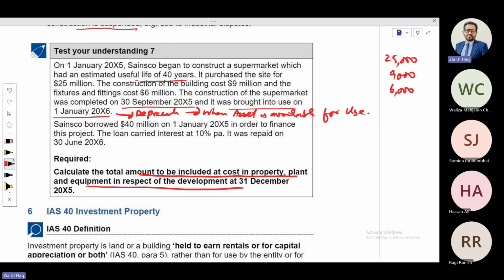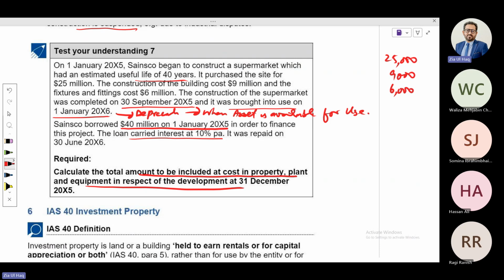Sansco borrowed 40 million on 1st January 20x5 in order to finance the project. And the loan carried interest at 10% per annum, and it was repaid on 30th June 20x6, meaning the amount was repaid in next year.